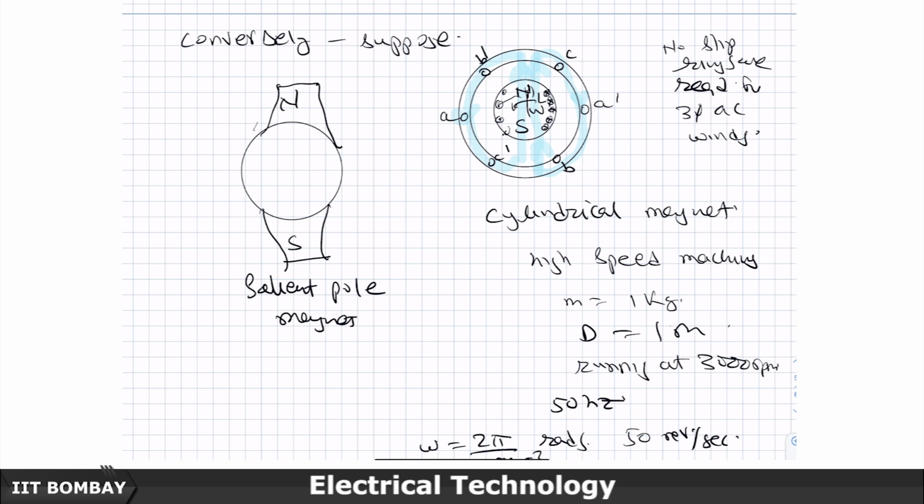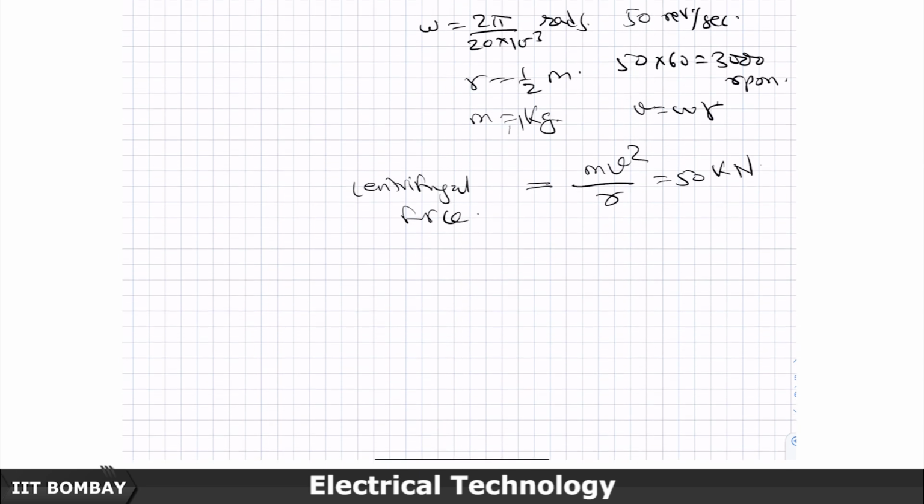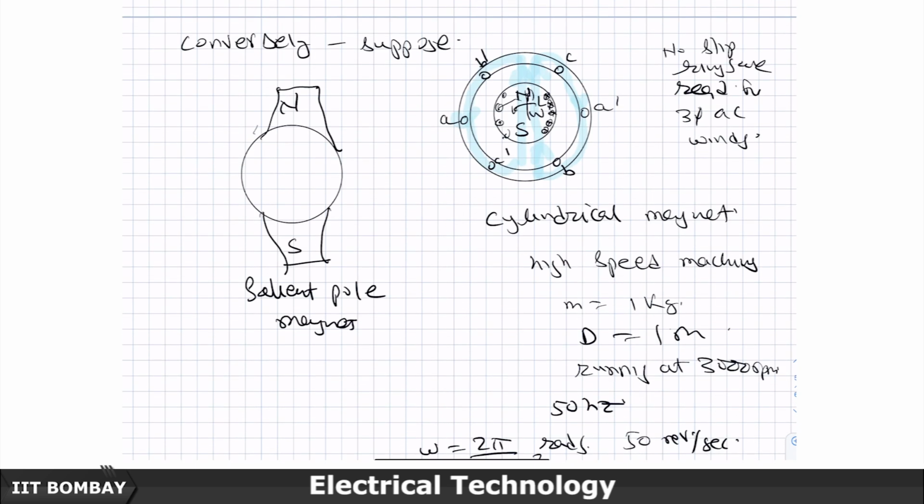So, therefore, usually the turbo alternators, as they are called, or high speed synchronous machines, thermal generators, coal fired, usually are like that.